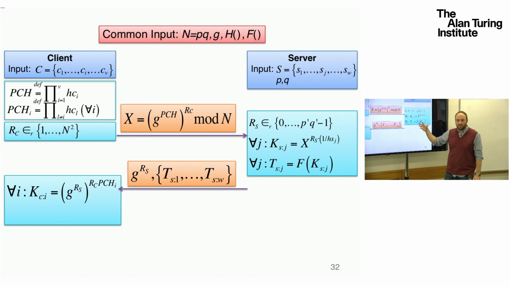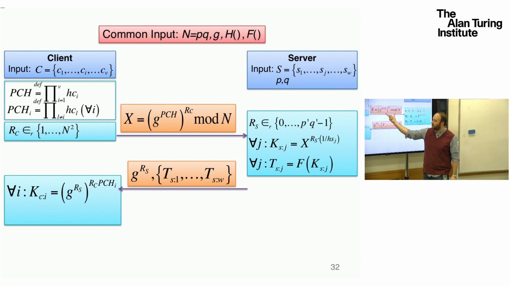The server computes some stuff based on the input from the client and its own inputs, and then the server sends something back. The thing that I want to show is that this message from the client to the server is a constant-size message that does not leak how many inputs are in the client's set.